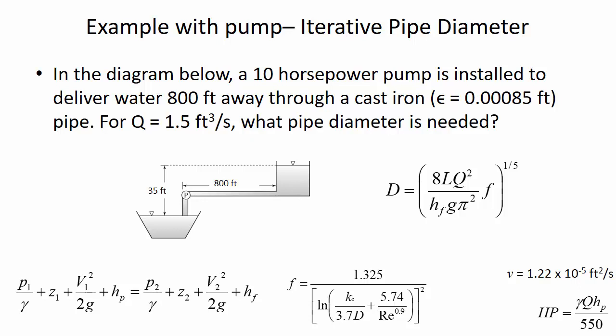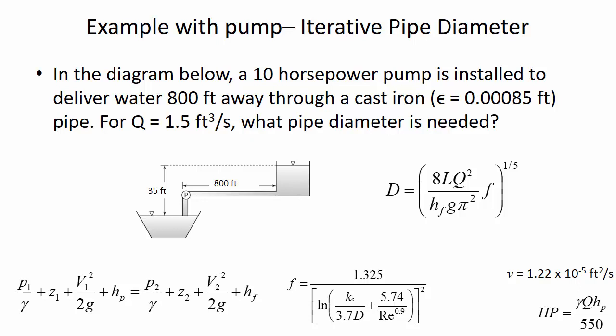And so all we end up with then is, let's make our elevation datum the water surface on the left. So Z1 is 0. Therefore, HP is Z2 plus H sub F. So how much pump head do we have to add?